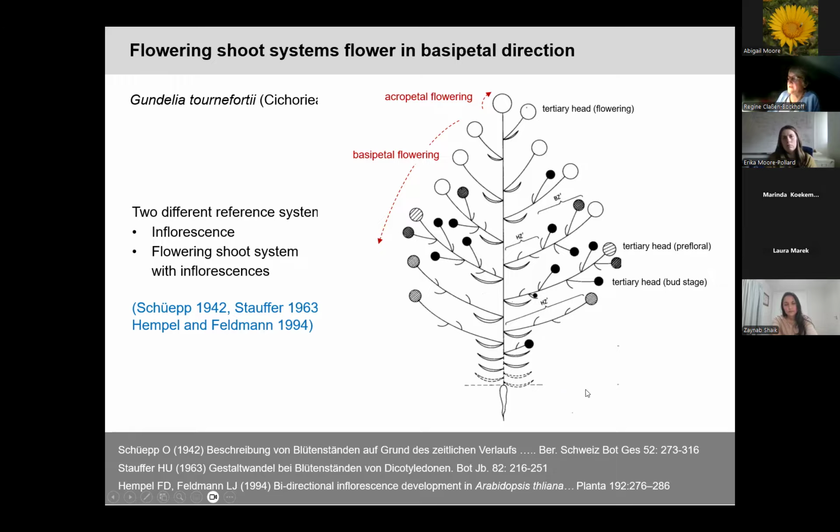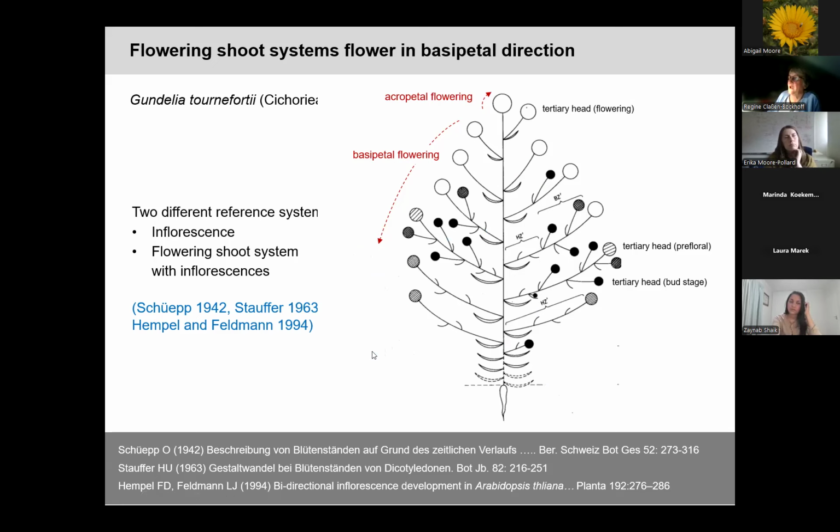This pattern can also be interpreted as a panicle, but it is not an inflorescence, it is a flowering shoot system. And when Harris and Cronquist and Troll said that the inflorescences in Asteraceae flower in a basipetal manner, they referred to the flowering shoot system and not to the inflorescence. They did not distinguish these 2 different reference systems.